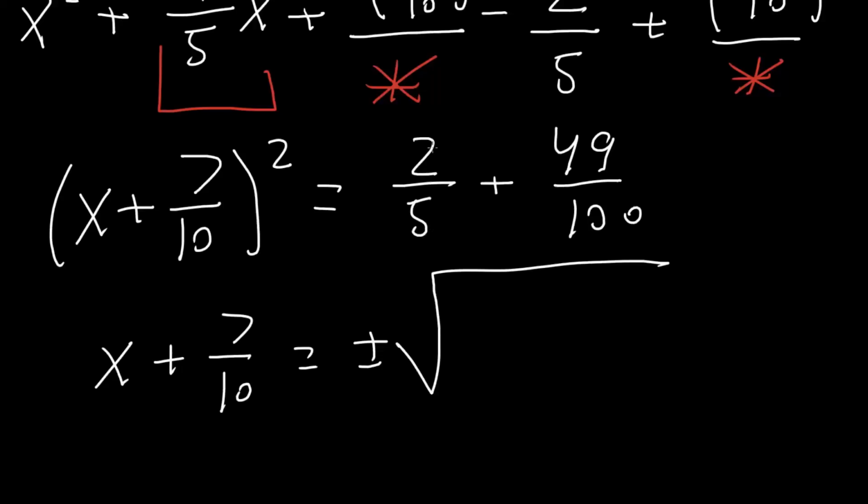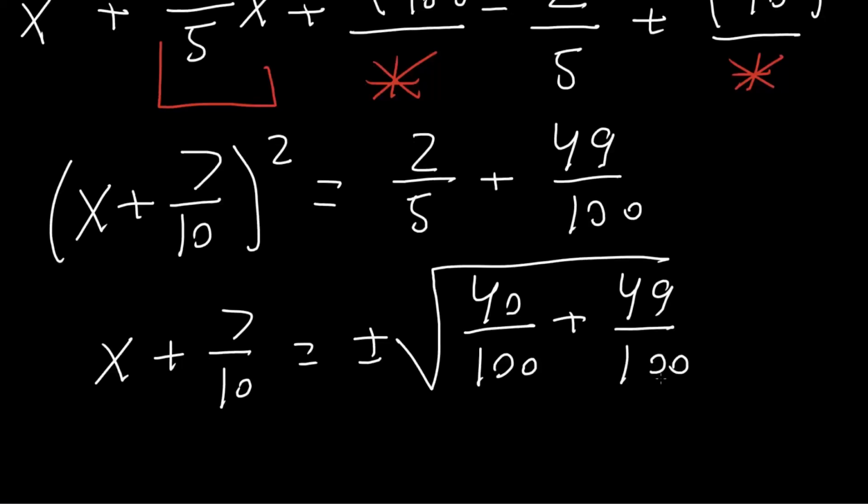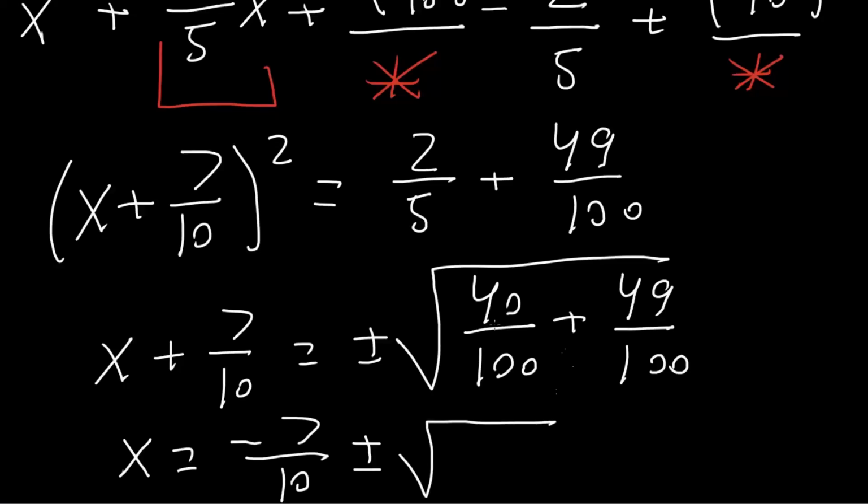So that means this would be 40, and this would be 100, so times 20 times 20, plus 49 over 100. And so our final answer would be x is equal to -7/10 plus or minus the square root of 40 plus 49 is 89 over 100.